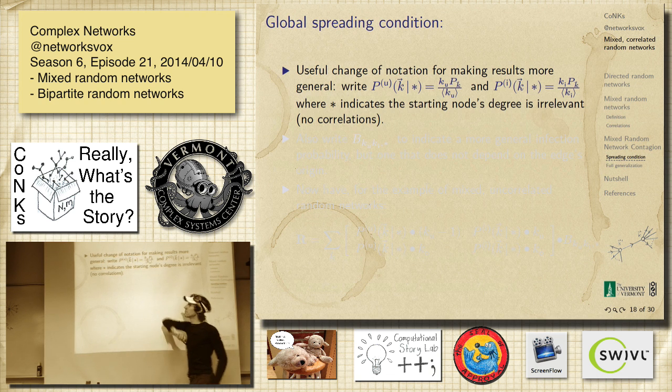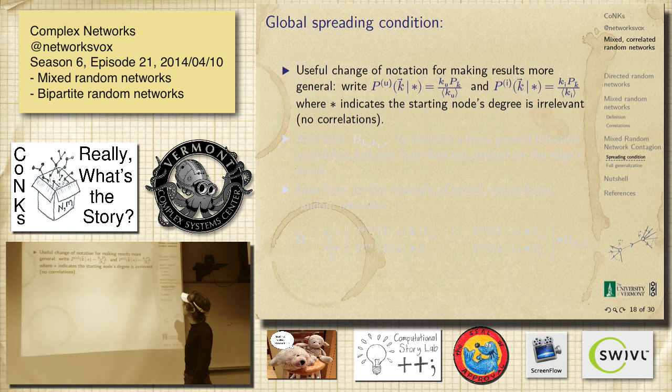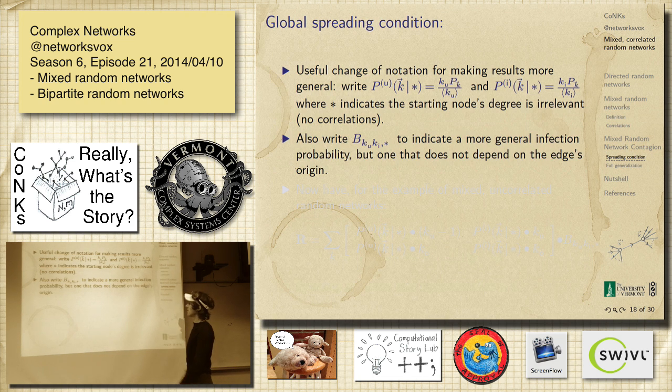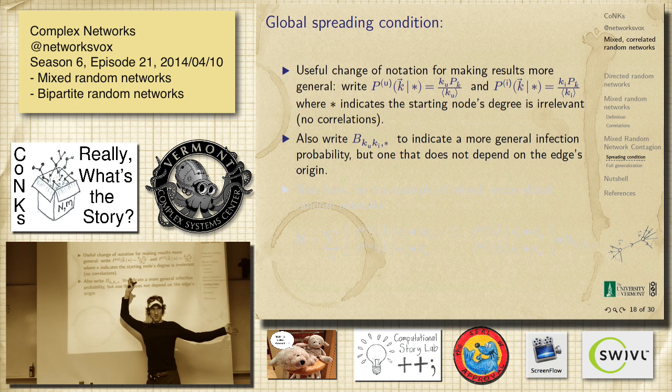Okay. Similar business over here for the directed one. And we can do the same kind of thing with this, right? So the probability of infection doesn't matter what that previous one was. It's all about that next node and what's coming into it.